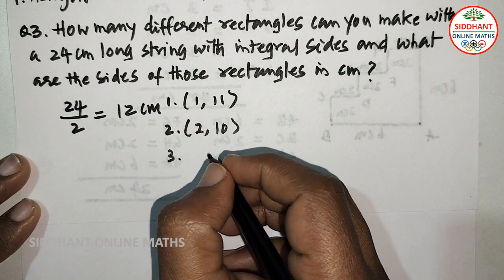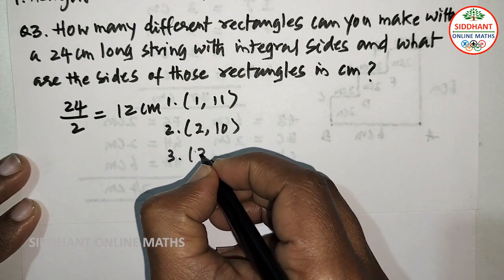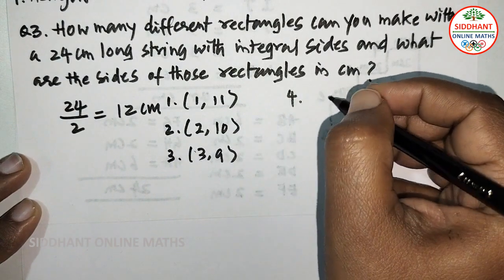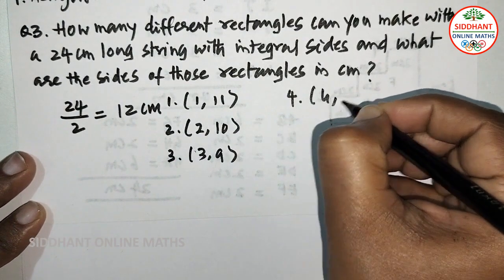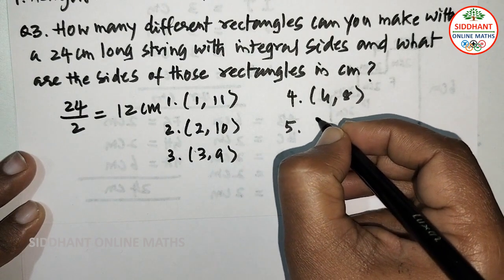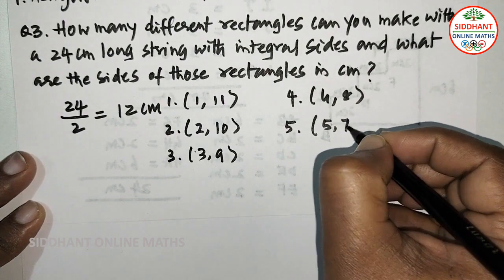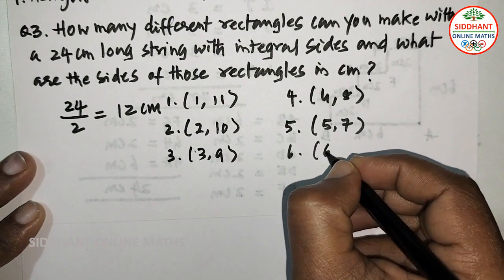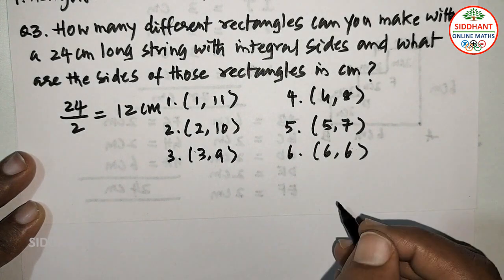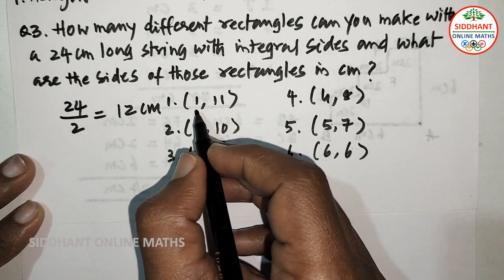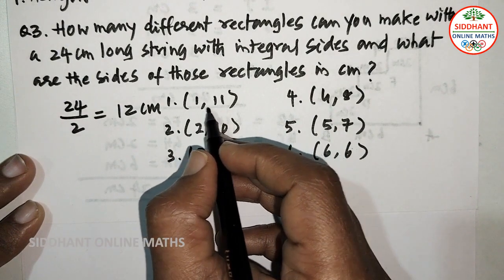Third, 3, 9. Fourth, 4, 8. Fifth, 5, 7. Sixth, 6, 6.